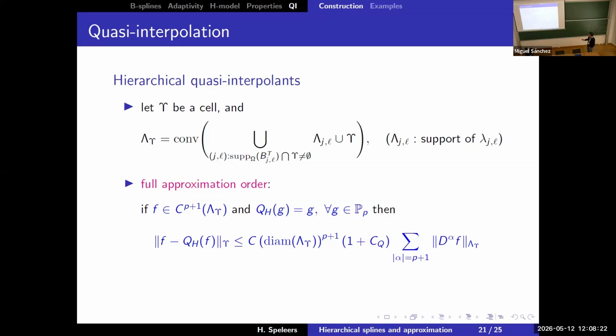So this is more or less the same information. Before you had h to the power p plus 1. Here you have to be a bit more careful and look at the diameter of a slightly larger area, which depends on the supports of all the overlapping truncated B-splines on that cell. But somehow you can control this size. I did not want to write it in terms of the length of this epsilon thing, but you can also do that.